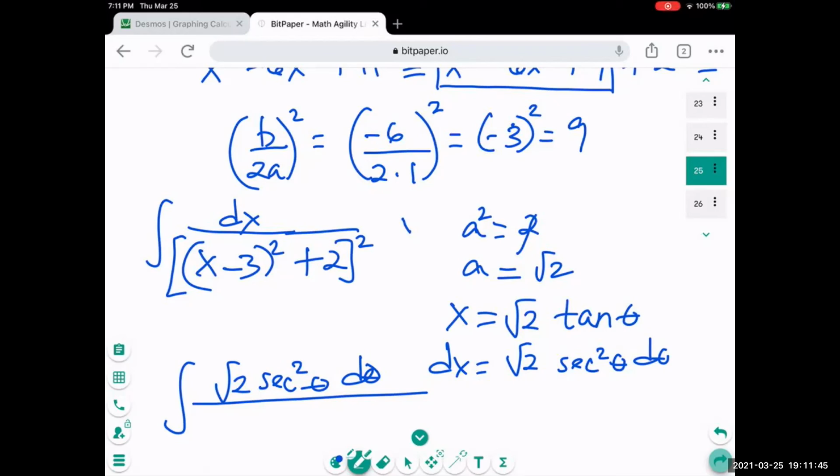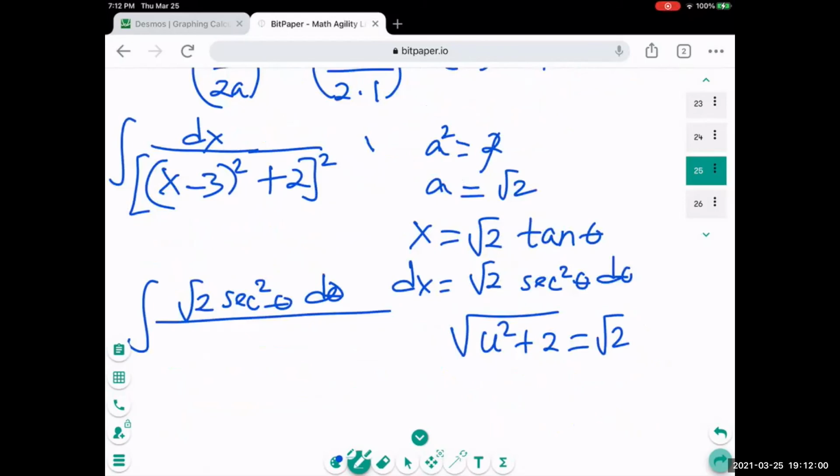Yes. So square root of u squared plus 2 would be square root of 2. So let's try to manipulate. Okay, let's see. Our u squared is 2 tangent squared of theta, and then plus 2, right?